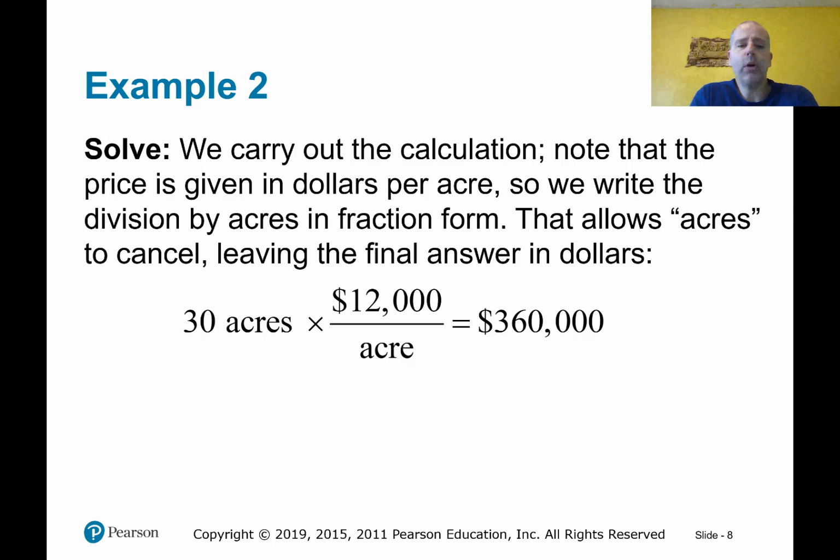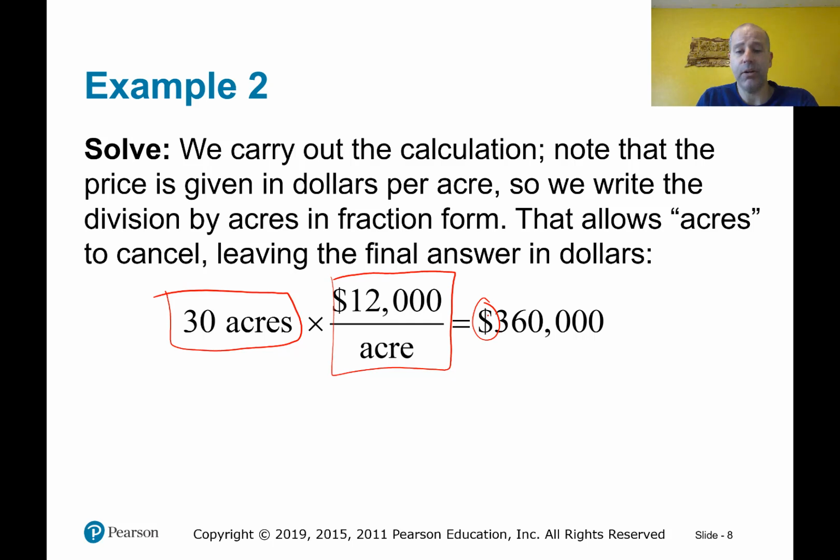Now, once we know what to do, we solve the problem. So how do we solve the problem? Well, we know that our answer has to be in dollars. They gave us one piece of information as the cost per acre, which was $12,000 per acre, and per means division. So notice how we have dollars over acre. And then we also are given the total number of acres. If we know that our answer should be in dollars, the acres should cancel.